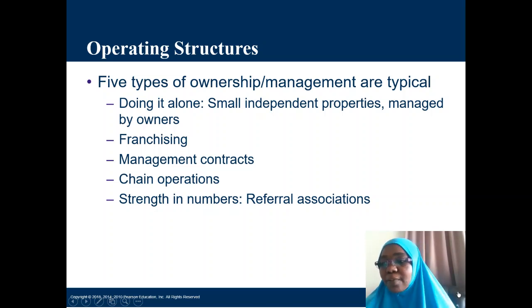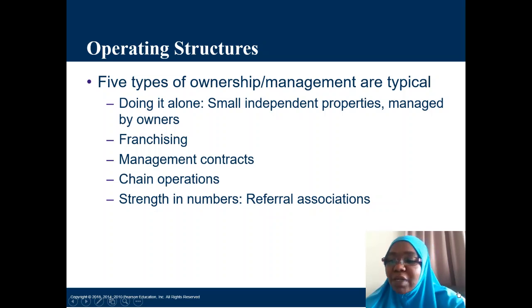But majorly, it's a kind of agreement between the franchisee and the independent owner of the brand. So it shares the brand, the access to the central reservation system, training programs, and so many more standard operating procedures and other documents that can be related to the mode of operations.